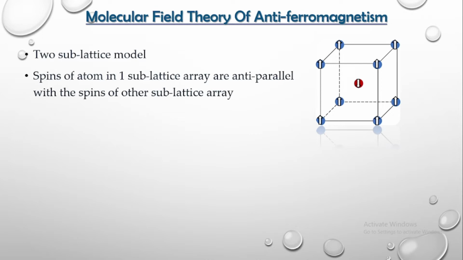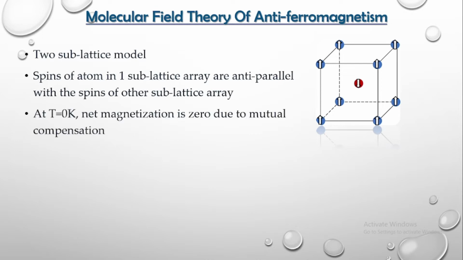If we consider the temperature dependence at absolute 0, that is 0 Kelvin, the spin moments of both sublattices, that is sublattice A and sublattice B arrays, are ordered, meaning they are perfectly antiparallel to each other.